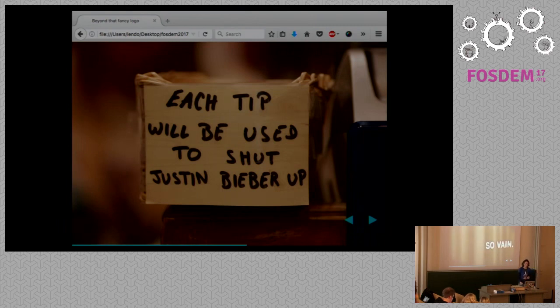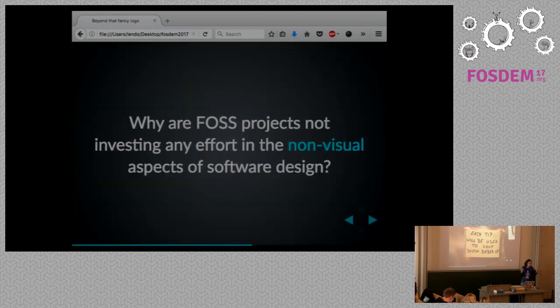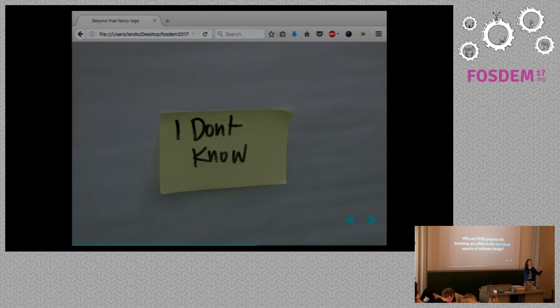Now, is free and open source software really like Justin Bieber or Kanye West or whatever? Well, absolutely not, right? We are a lot of things, but we are definitely not vain. So why is this happening? Why aren't free and open source software projects investing any effort in the non-visual aspects of design? Well, to be honest with you, I have no idea.